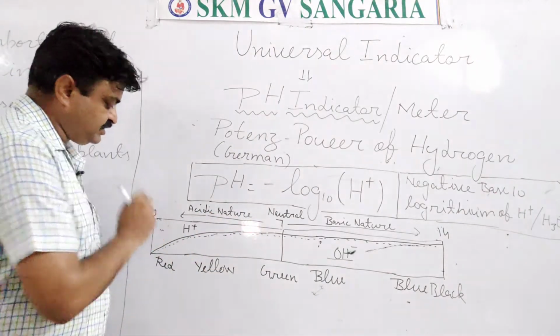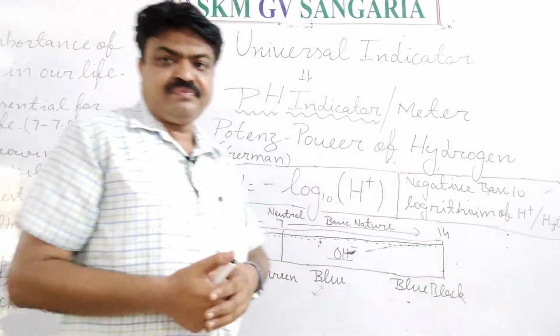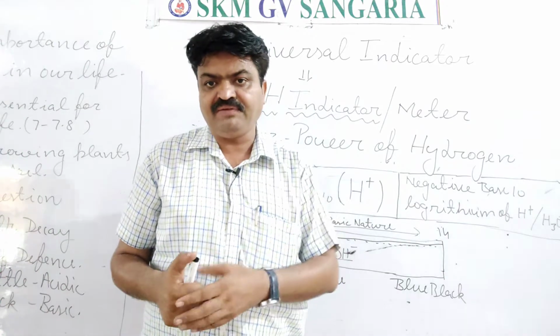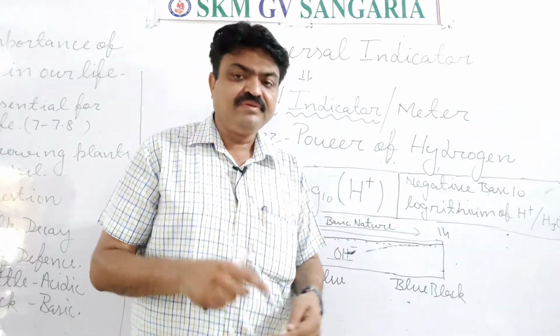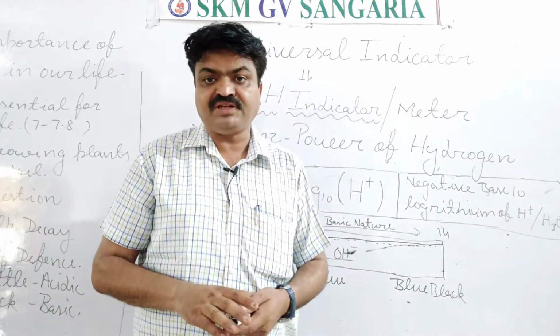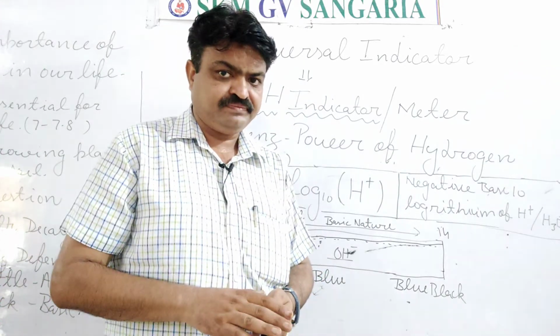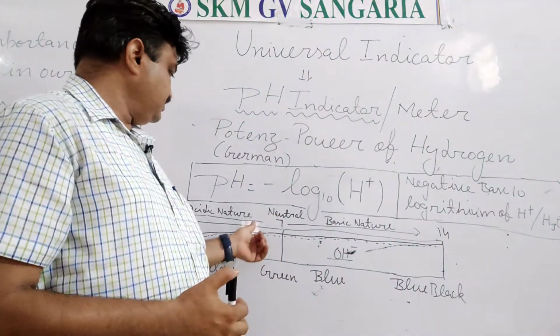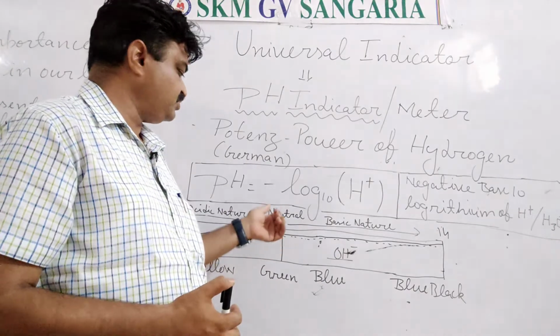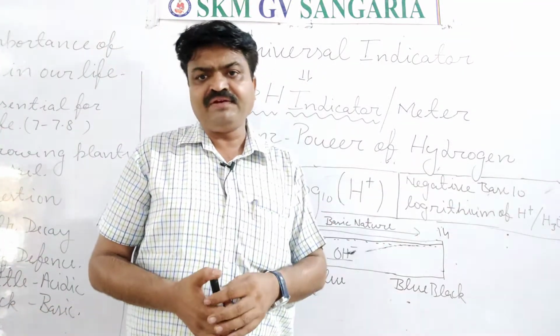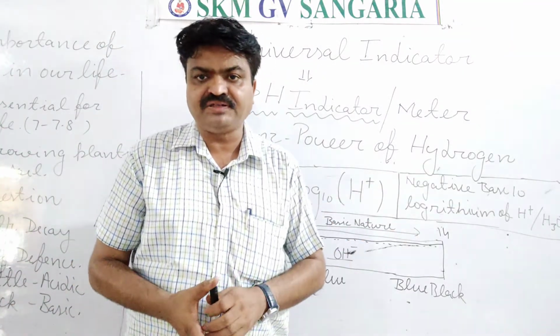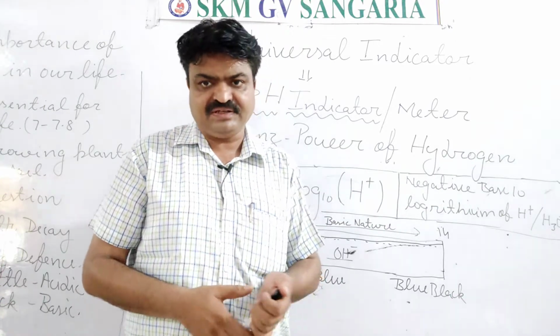if the pH is near 0 or 0.2, 0.3, that means the particular chemical substance is a strong acid. If it is near 6.1, 6.2, 6.3, 6.5, then we can say that the particular chemical substance is a weak acid.